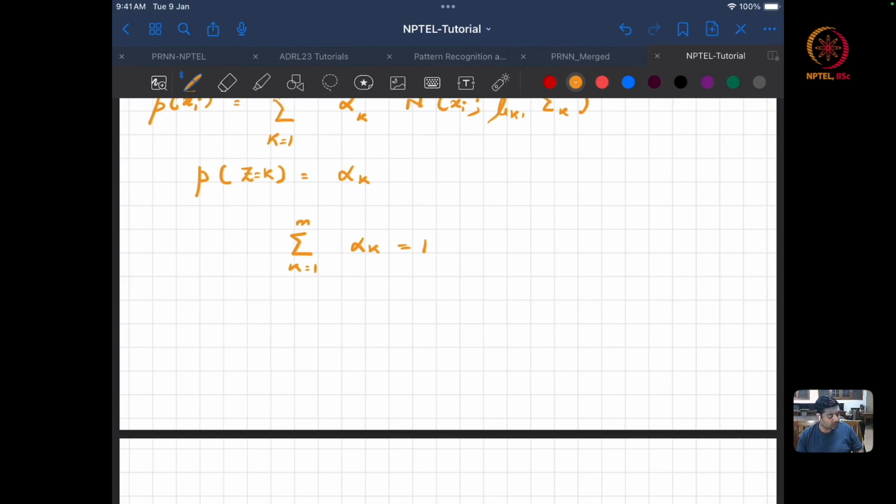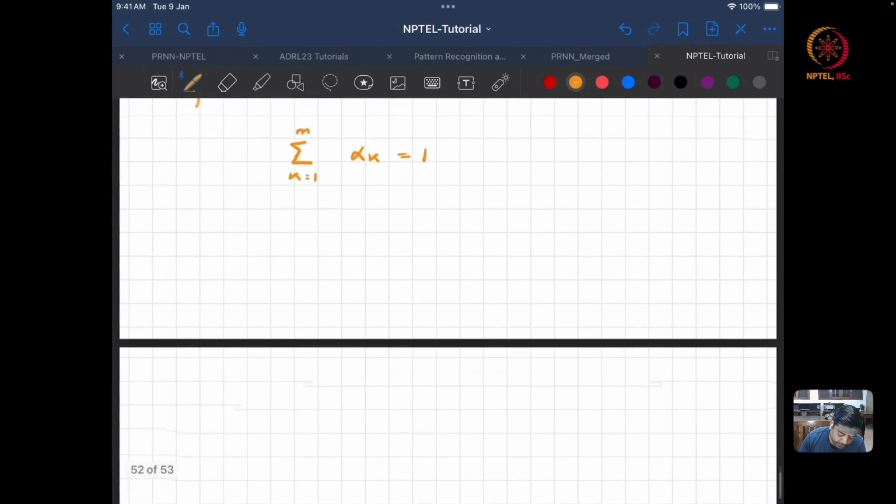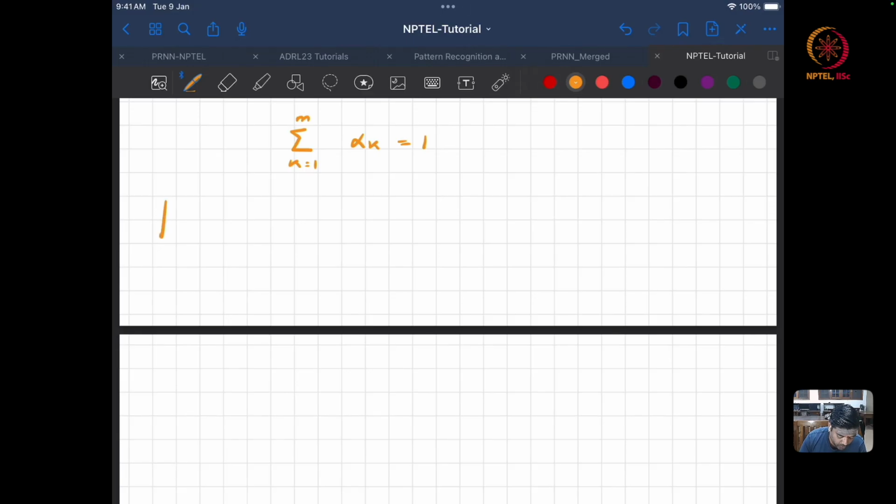This is the constraint. Once you have chosen a specific Gaussian, xi given that you have chosen the kth Gaussian component is a normal density parameterized by mu k and sigma k. This needs to be clear.